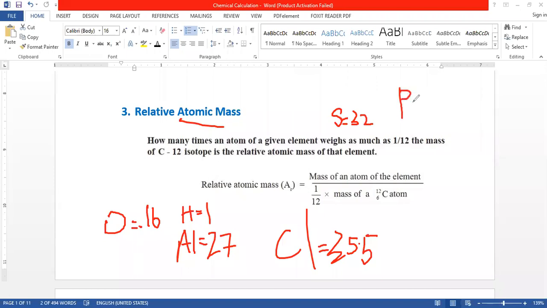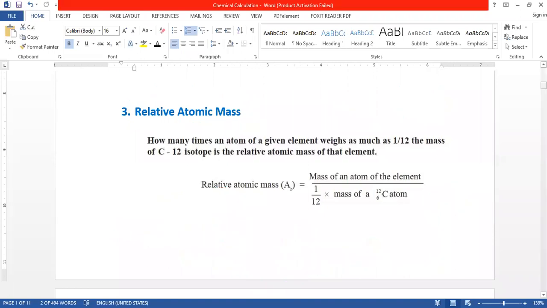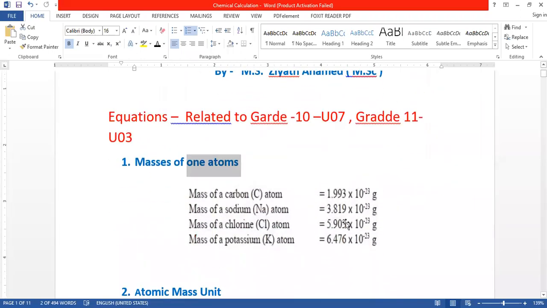For potassium? 39. That is what we call relative atomic mass, because these are real numbers and those numbers can be used for calculation. You can't use, for calculation, these very small masses of atoms. That's why the scientists introduced relative atomic mass.